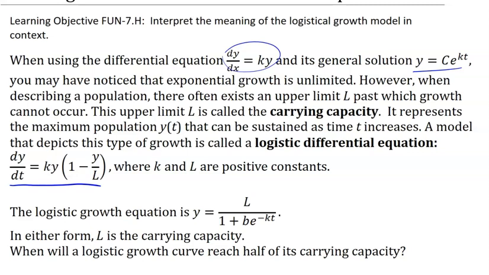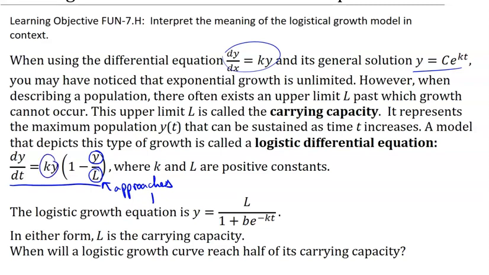And if you think about this, as the population approaches the carrying capacity, then this fraction right here approaches 1, meaning the 1 minus that approaches 0.